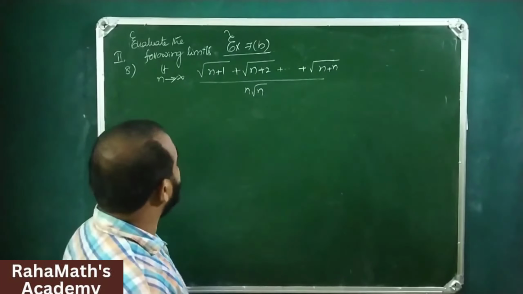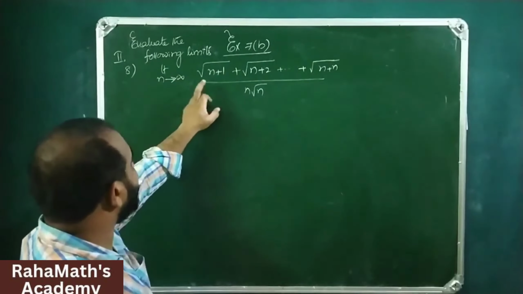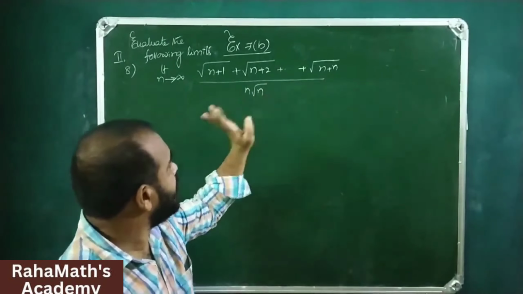Let us try to solve these problems. Evaluate the following limits. Limit n tends to infinity, square root of n plus 1, square root of n plus 2, up to square root of n plus n, divided by n root n.